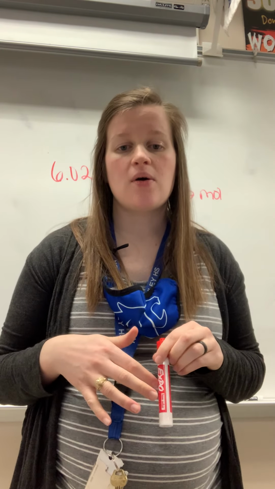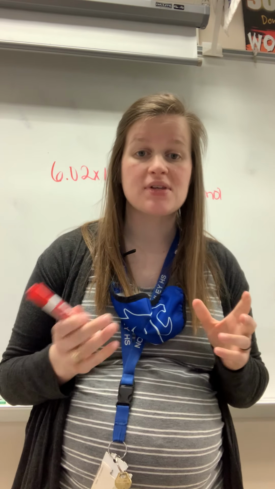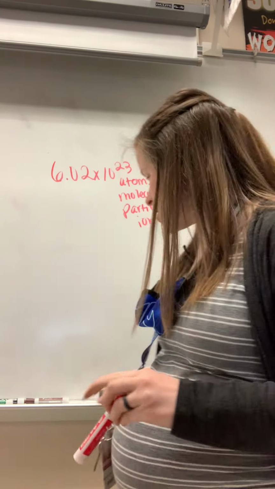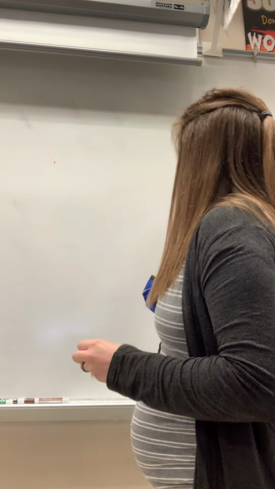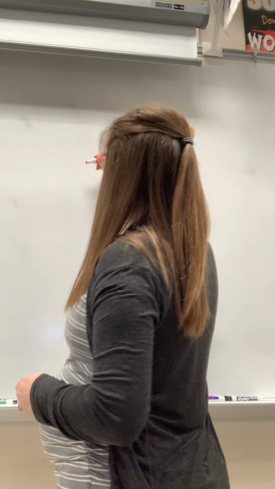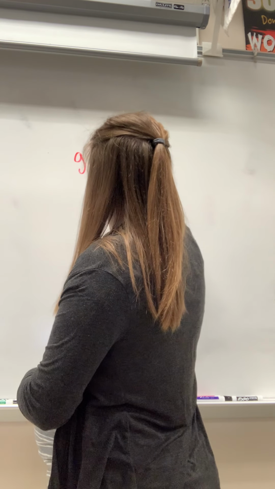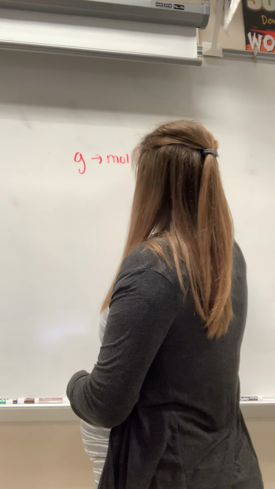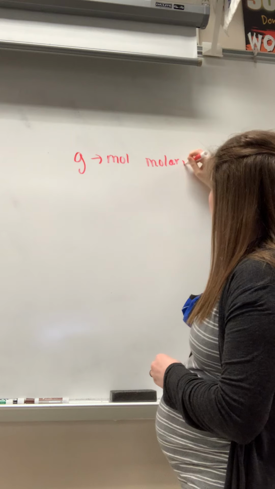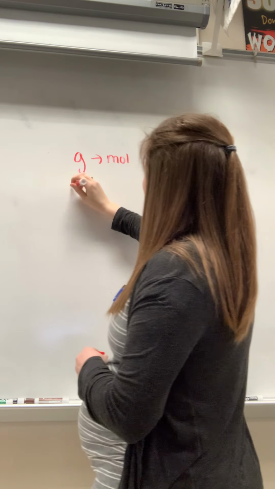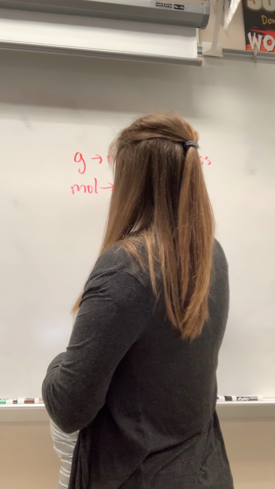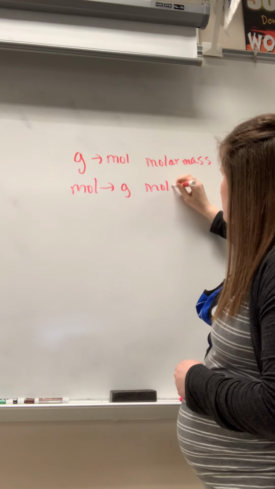Okay, so we're going to break down a couple of examples of this, just slowly looking at units. Grams to moles, I need molar mass. Moles to grams, I need molar mass.